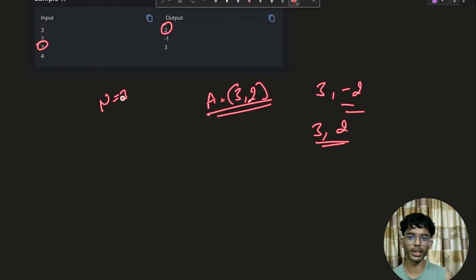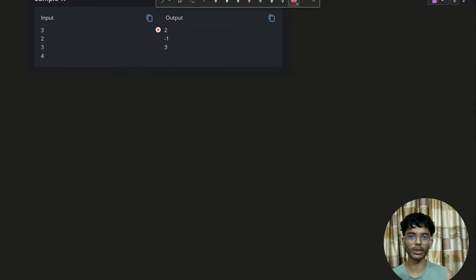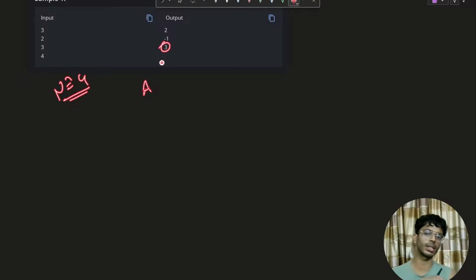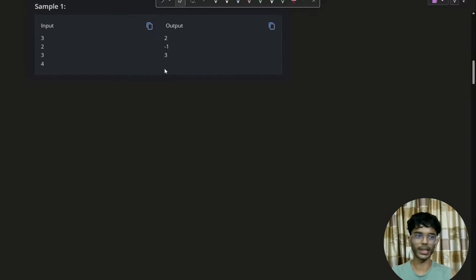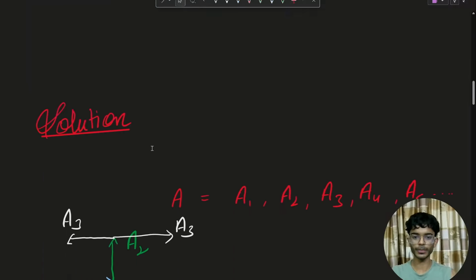For n equal to 3, we can prove that there does not exist any possible array, so the answer is -1. And similarly, for n equal to 4, the minimum possible length of the array A would be 3. You can work on this sample test case yourself and figure out why the answer is 3. But right now, let's move to the solution.